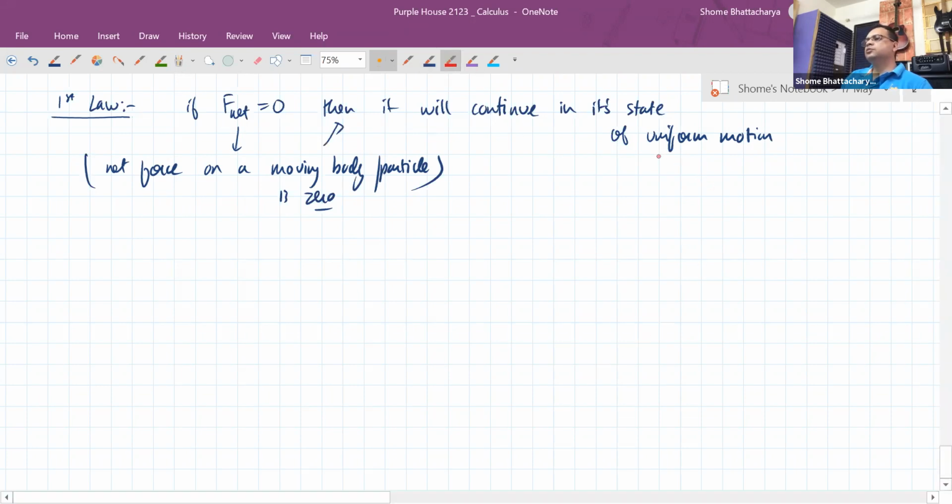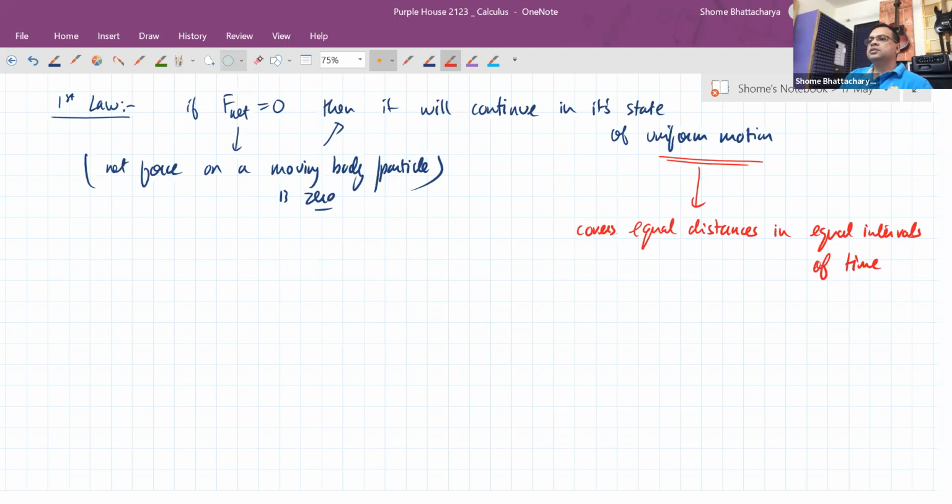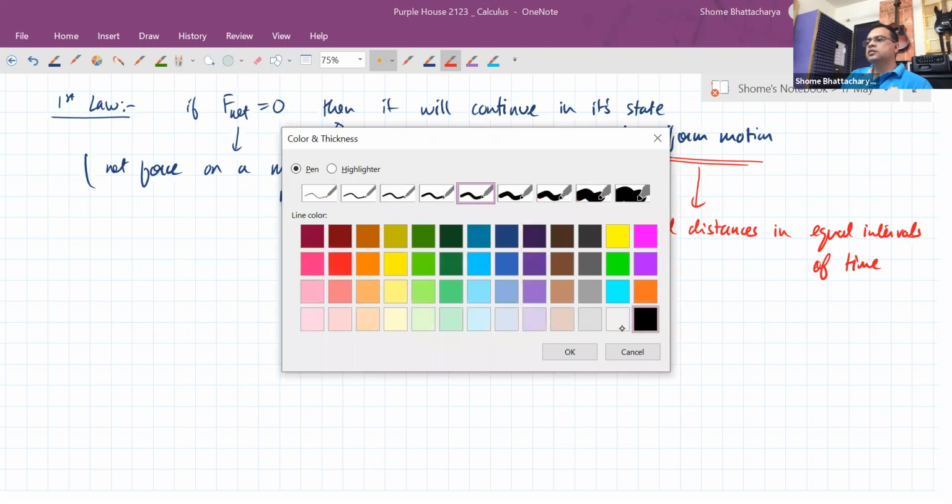So what do we mean by the term uniform motion? At the most basic level, by uniform motion, we mean that it covers equal distances in equal intervals of time. Let's visualize this at an experimental level.